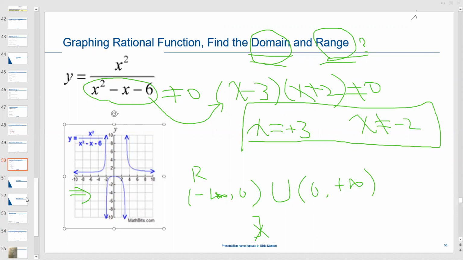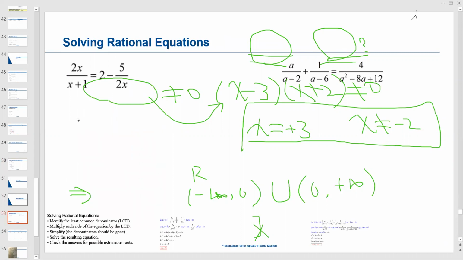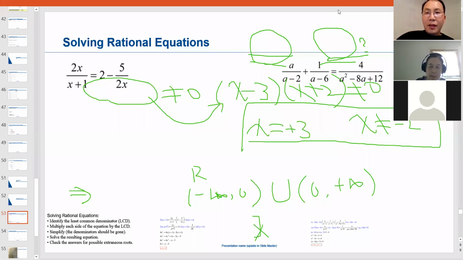So today we just move a little bit forward about this part. I know we learned this before actually. We talked about these rational equations, how to get the solutions. So we move on to these topics. Okay, we move on to these questions.